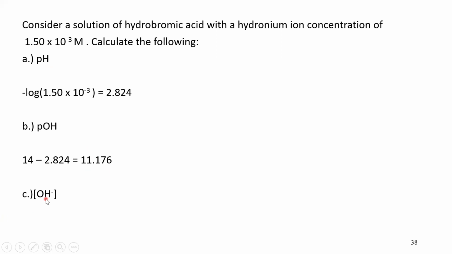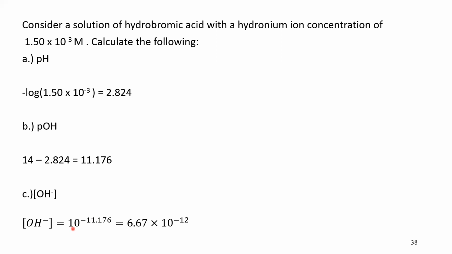Now, we want to calculate the hydroxide ion concentration. Well, just like we can figure out the hydronium ion from the pH, we can calculate the hydroxide ion from the pOH. So to do that, we would take 10 to the negative pOH. So find that second log button.